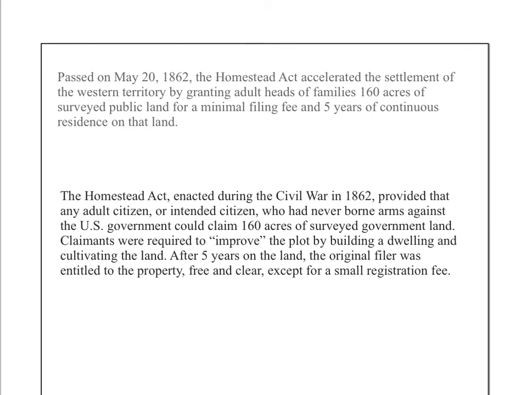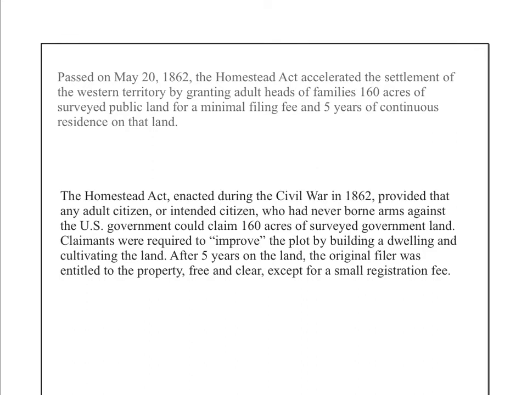And what they had to do is they had to live there for 5 years continuously, and they had to develop the land or improve the land. So they had to build a dwelling on it. They had to cultivate the land, which oftentimes meant cutting down the forest and making fields. And it was a very small fee to do this, just a little registration fee.